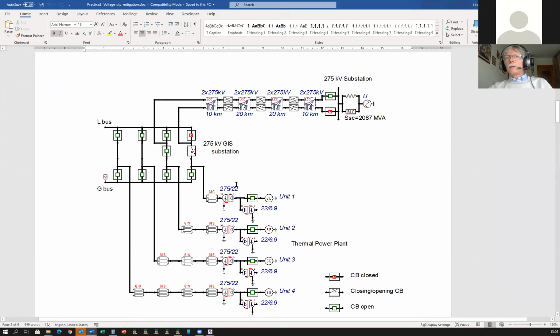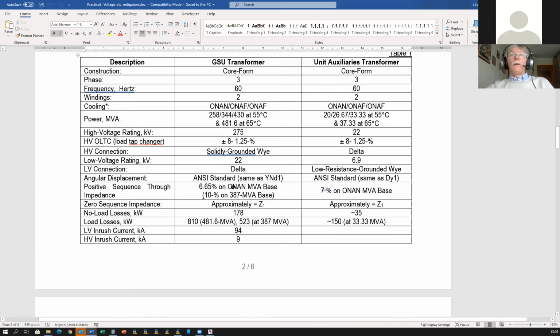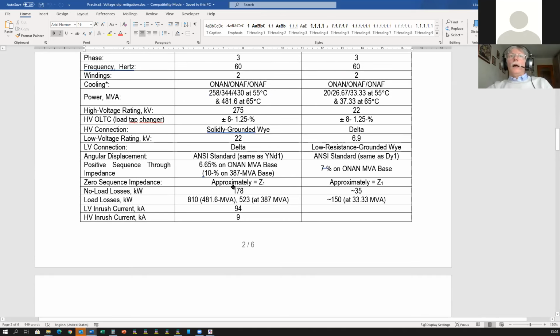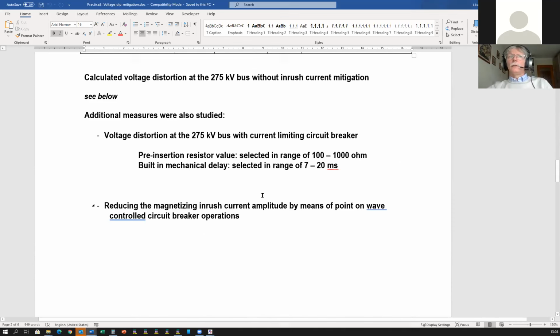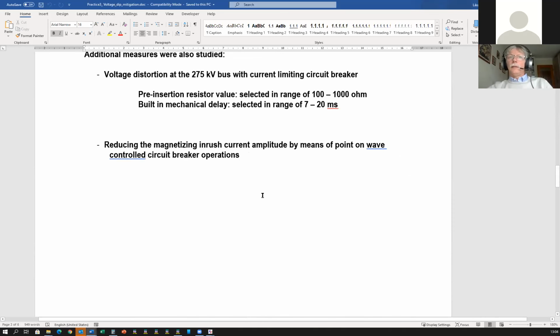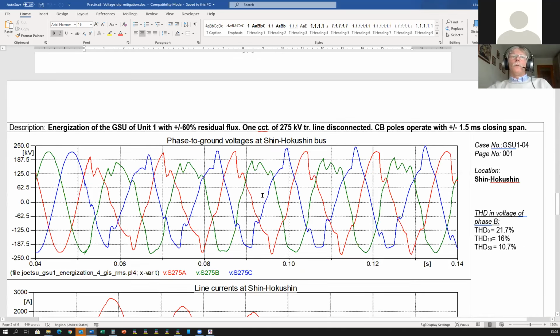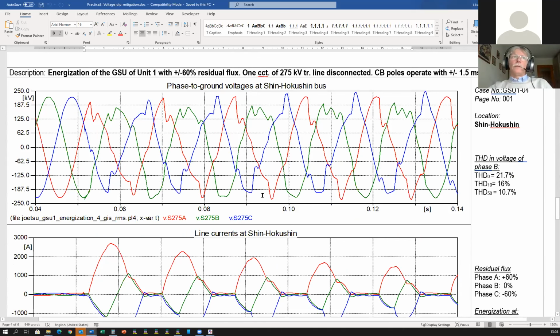And if you energize the generator step-up transformer here, the system is weak, so the voltages dip significantly at the PCC, the point of common coupling. The transformer data are known. You can use this data to develop a nonlinear transformer model. And if the model is fully tested, you can do different studies. I will show you just one result.